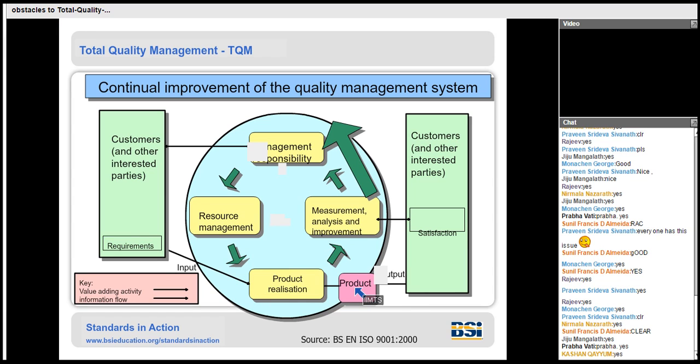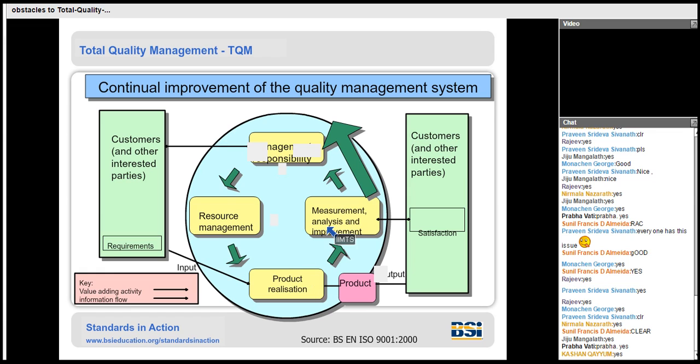Once it is carried out by the company, the product is finalized as per the requirement given by the customer. Once the product is finalized, it is given to the customer, and if the customer is satisfied with the product, he pays the money and takes the product. That is the quality management system continual improvement cycle. If he is not satisfied with the product, what will he do? He will again give the product to the measurement analysis and improvement team. Again this cycle will flow.